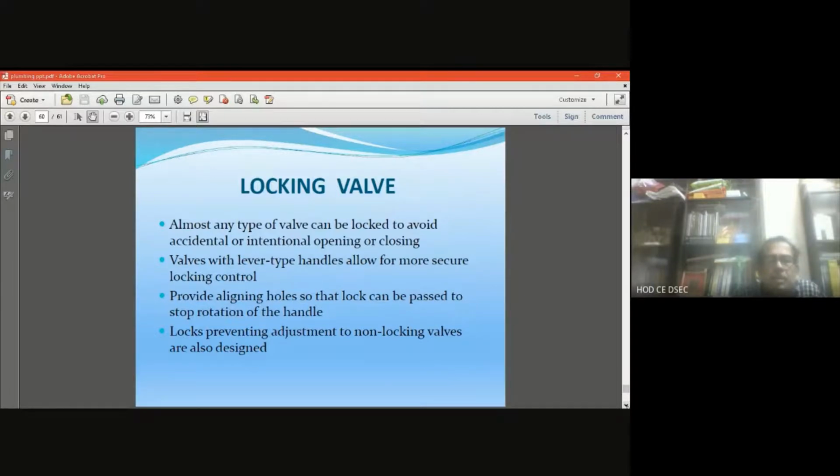Valves with lever type handles allow for more secure locking control, because the control will be in your hand. They provide aligning holes so that a lock can be passed to stop rotation of the handle. Locking arrangements for non-locking valves are also designed.